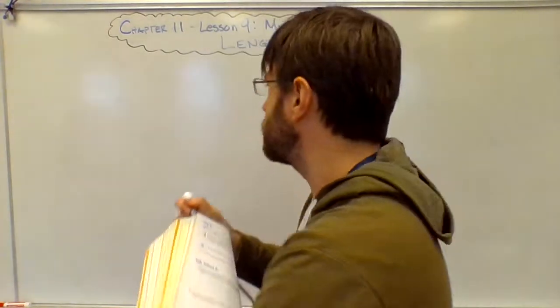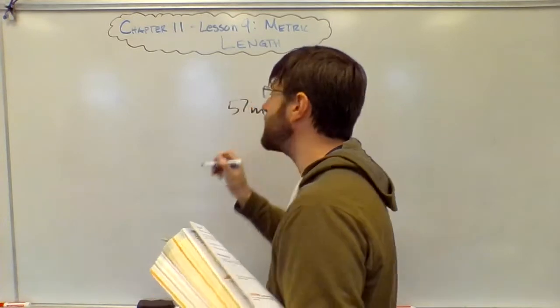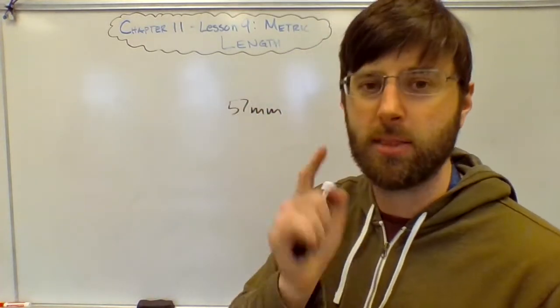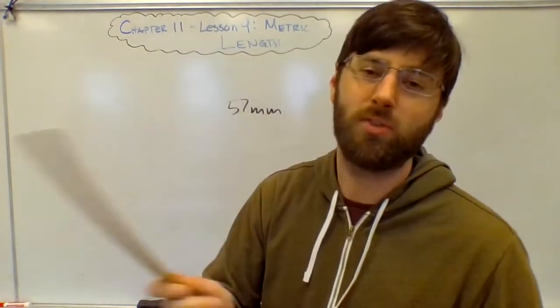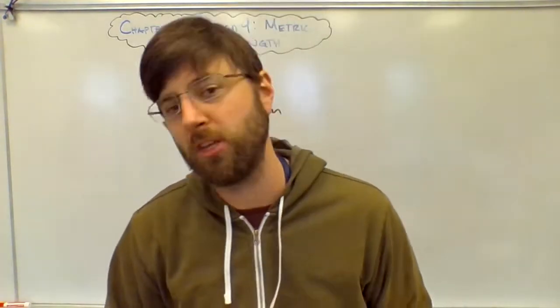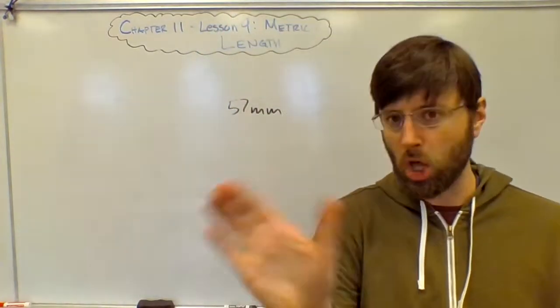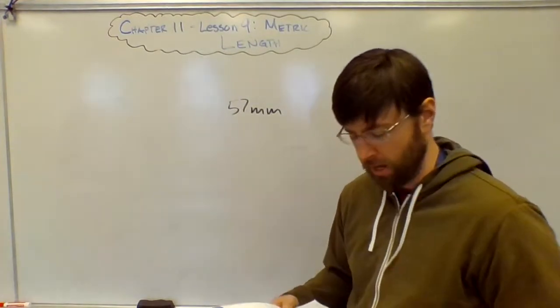So 57 millimeters, I would say with about 92.8% confidence, is the exact measurement. If you said 56, it's fine, you're close enough. If you said 58, it's also just fine. You're close enough. So if you're close to 57, you're good to go. Close to 57 as possible would be accurate.